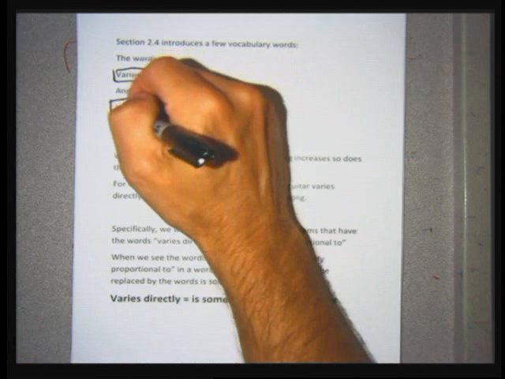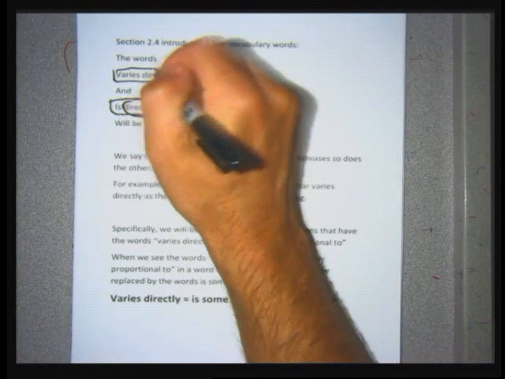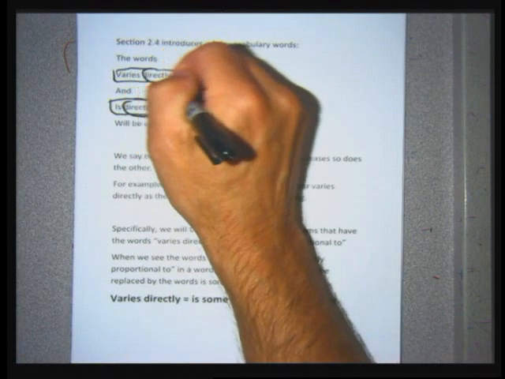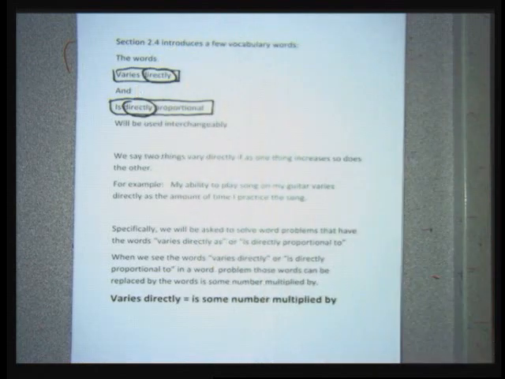So in this section, if I see the word directly, regardless of what words are before it or after it, I'm going to consider those equivalent mathematical statements, varies directly or is directly proportional. We'll use those interchangeably. They'll have the same meaning.